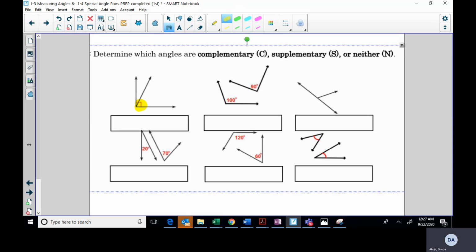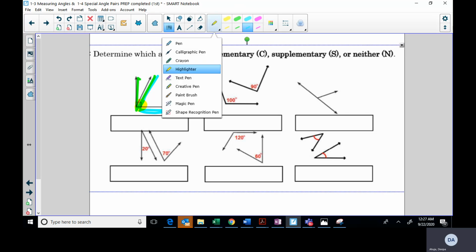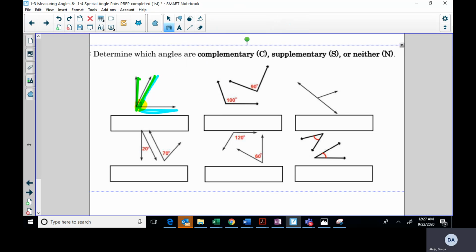So there are two angles given to us. Where are those two angles? I can highlight it. This is your one angle. This is your other angle. So there are two angles whose sum is equal to 90 degrees. So they are complementary. So I will just write C here.